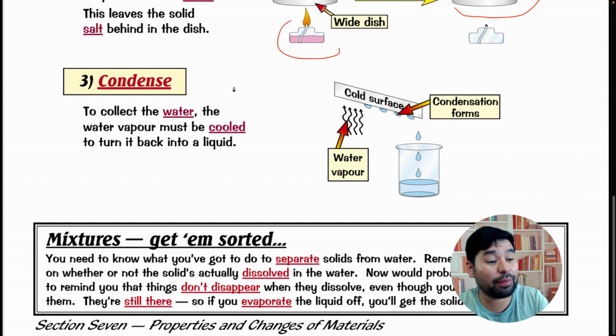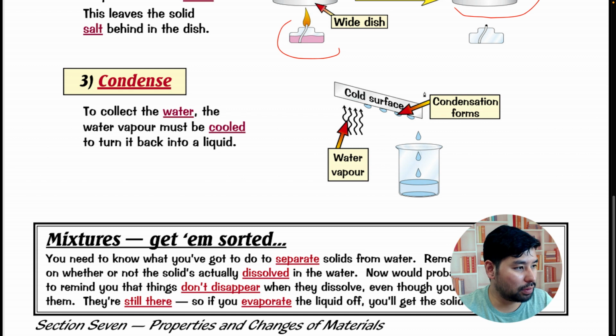You have to make the vapor get cooled, get cold. That's the point that I want to say here. And then when it happens, it turns back into liquid. It changes the state of the material. So let's see here.